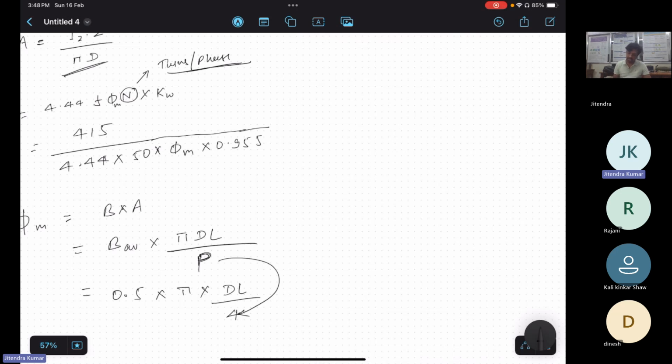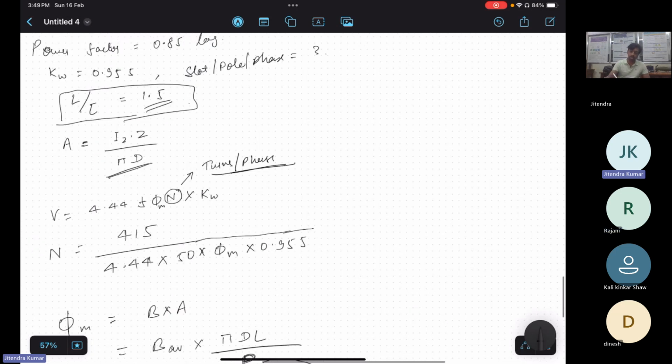Now the remaining part is D and L. L by tau is given. Can we calculate L in terms of D? What is the pole pitch?